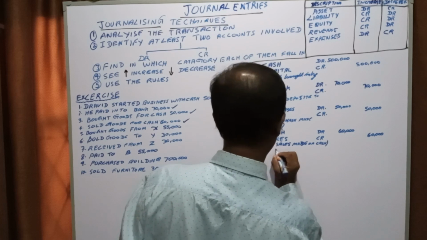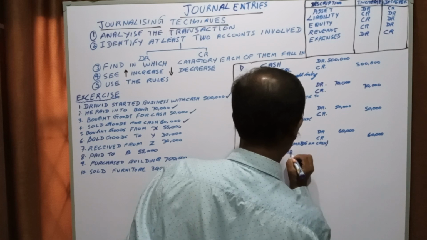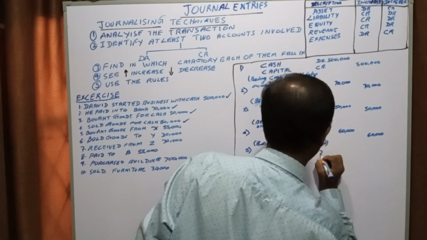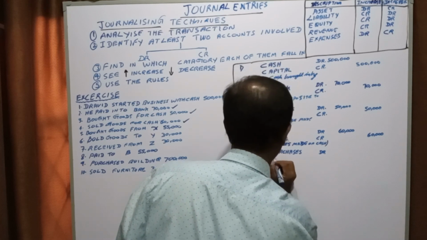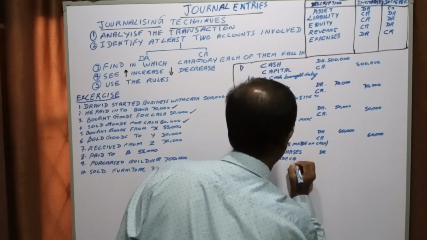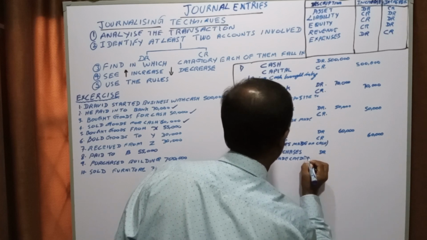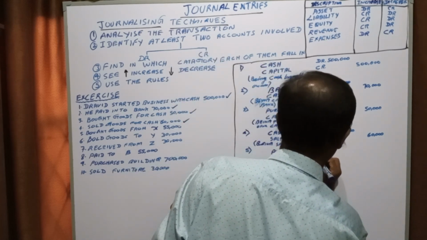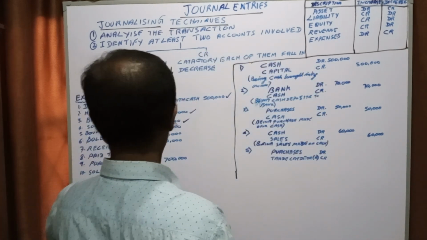You'll say purchases account debited, and trade creditors, that is X, is credited. How much? 55,000.